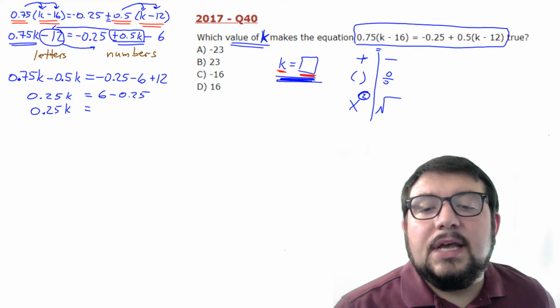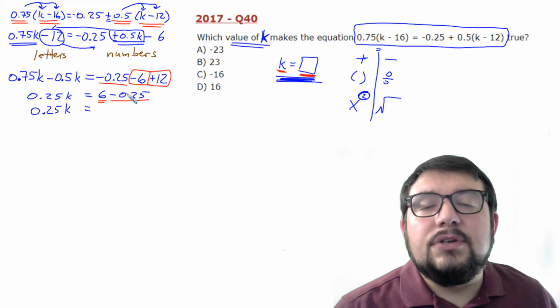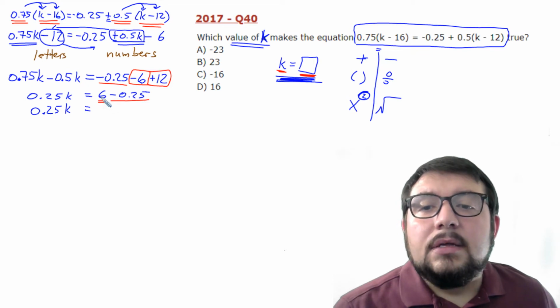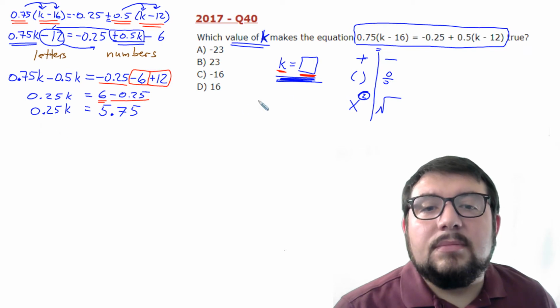All I did was put together the 12 and the negative 6, and that's how I got this 6 right here. And then this guy just moved over here. You can move them as long as you keep the signs correct. You can do adding and subtracting in any order as long as the signs are correct. 6 minus 0.25 is going to make 5.75.